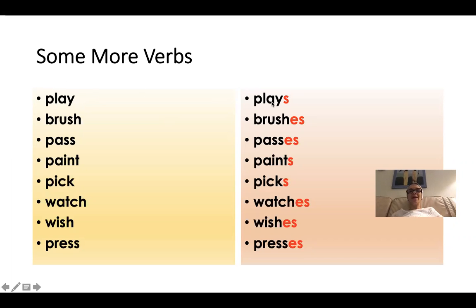Play. When I add an ending to say that it's happening now, I put an s at the end. Play becomes plays. Brush, to brush my hair. Because it has sh at the end, if I say Karma brushes her hair, then I have to put an es at the end.